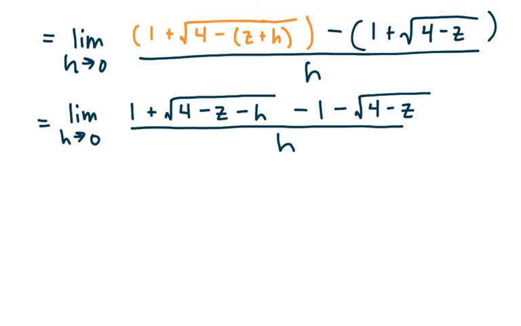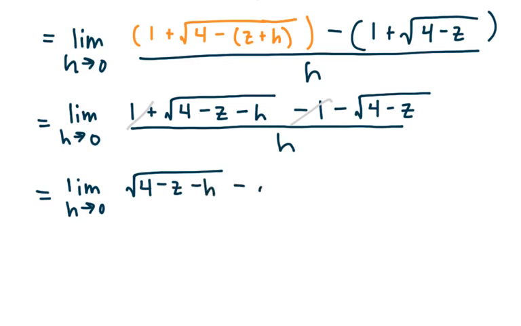All right, so we should notice that plus 1 minus 1 cancels. This leaves us with a rational expression, and we are dealing with radicals, which oftentimes means we're going to end up using a conjugate. So I have the square root of 4 minus z minus h minus the square root of 4 minus z, all of which is over h.